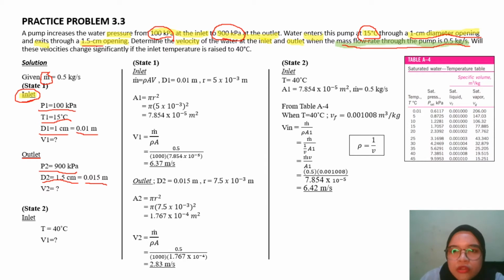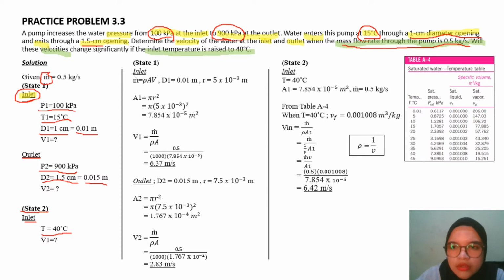Let me continue, which is the last statement. Will the velocities change significantly if the inlet temperature is raised to 40 degrees Celsius? So I assume here as state 2, which is the inlet, and T is 40 degrees Celsius.